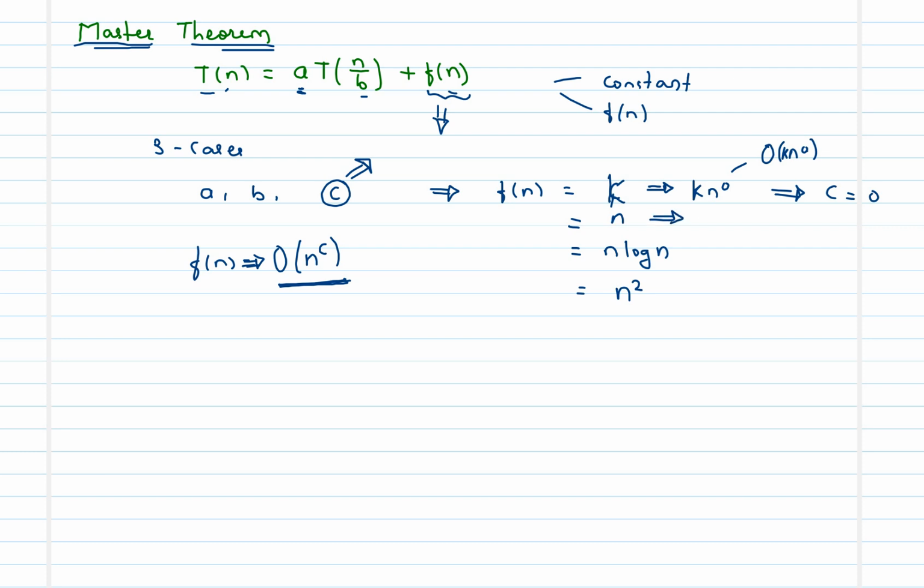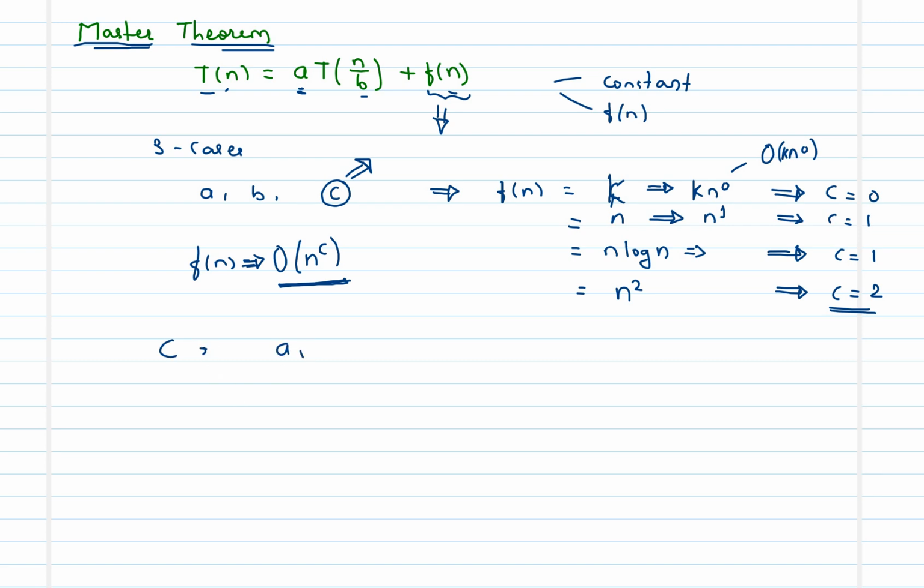Then n to the power 1 gives us c equals 1. Even with n to the power 1 and then log n, we just take n to the power 1, so c equals 1. For n to the power 2, I get c equals 2. So the power of n is the value of c, and we have calculated c.